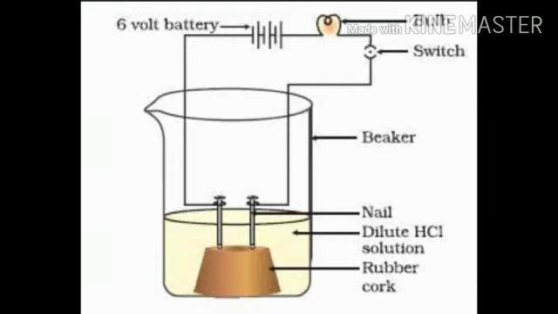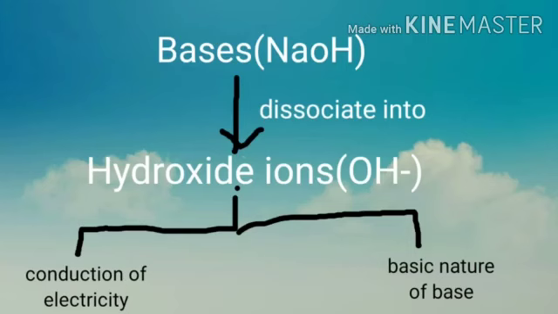Let us understand this. Here you can see that the base which we have taken in the experiment, NaOH, in this solution dissociates into ions, giving hydroxide ions, which are responsible for the conduction of electricity, and they are also responsible for showing the basic nature.